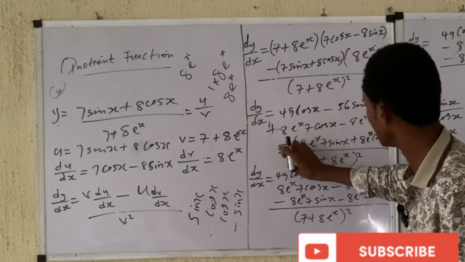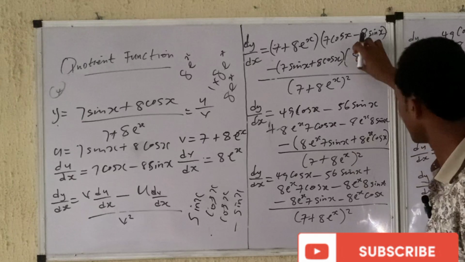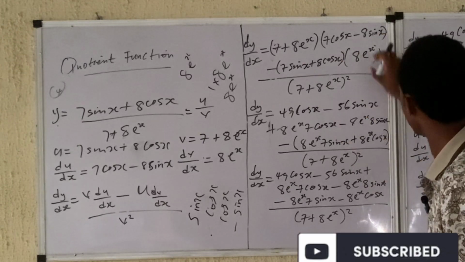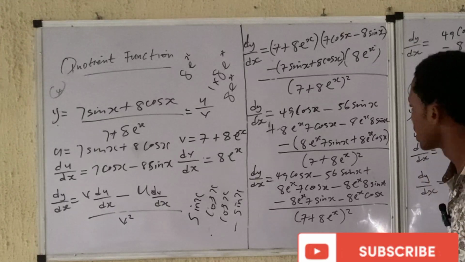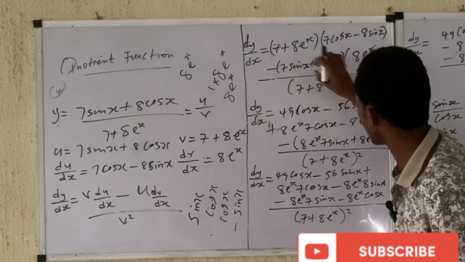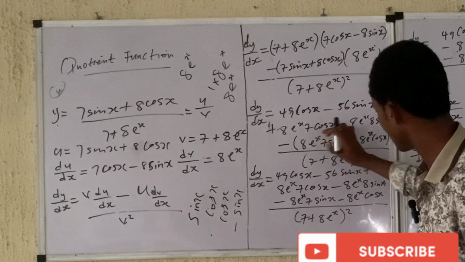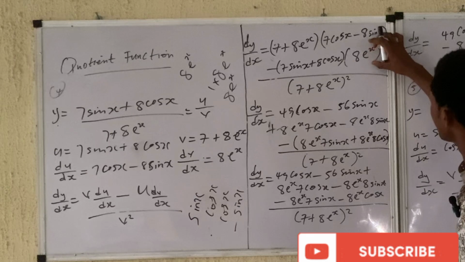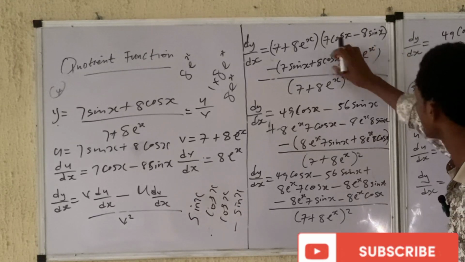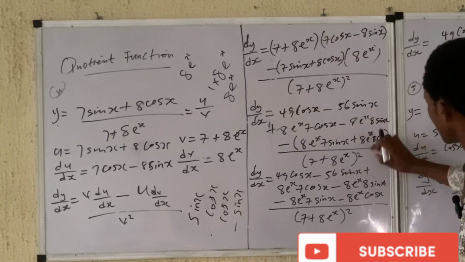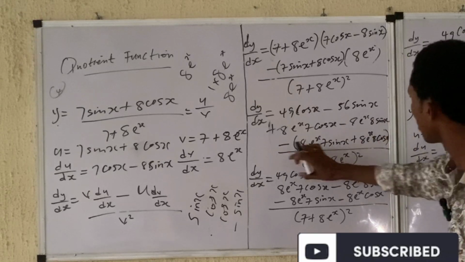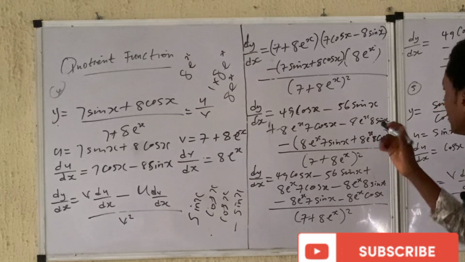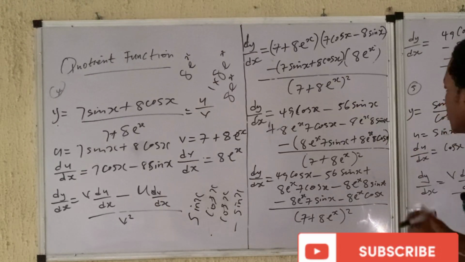Now, repeating the negative sign here, we use 8 exponential x multiplied by 7 sin x, which will give us 8 exponential x, 7 sin x. And 8 exponential x multiplied by 8 cos x will give us 8 exponential x, 8 cos x, all over the v squared, which is 7 plus 8 exponential x raised to the power of 2.